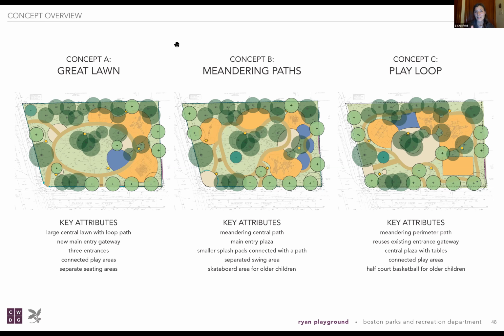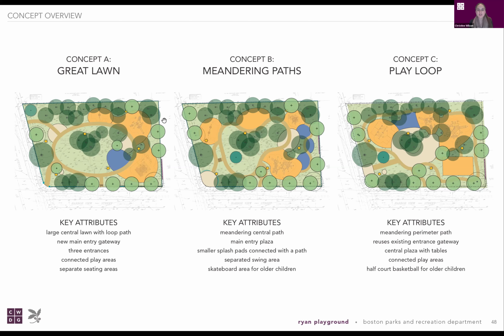The thing I think is great about the great lawn option, concept A, is that the site is very effectively divided into 2, where you have active recreation on the right-hand side and more passive on the other, so you can have kids playing while you can have people picnicking on the lawn. Anyway, that's my 2 cents, but obviously this is for you guys to decide.